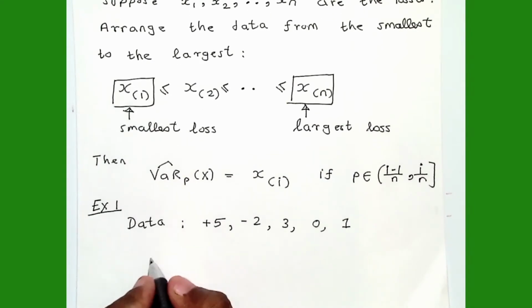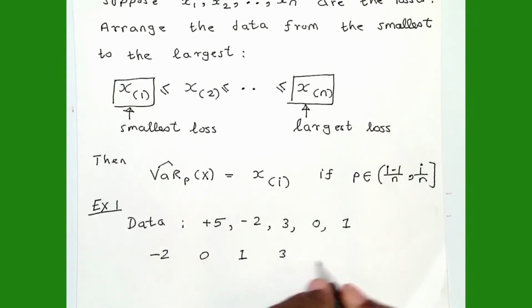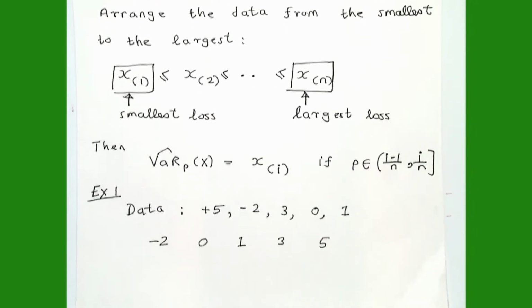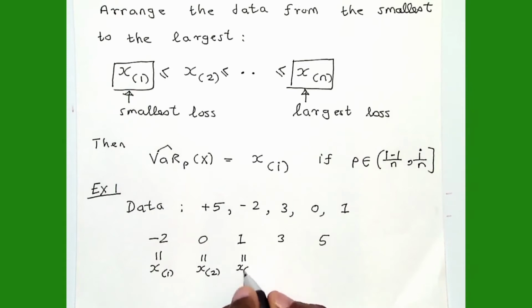The first thing is to arrange the data from the smallest: minus 2 is the smallest, then 0, then 1, then 3, then 5. So this is your x(1) in brackets, this is your x(2), this is x(3), this is x(4), and this is the largest, x(5) in brackets.